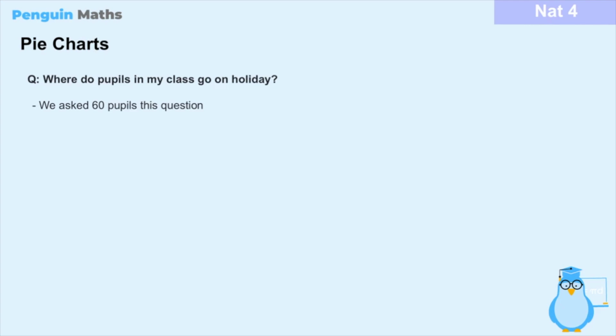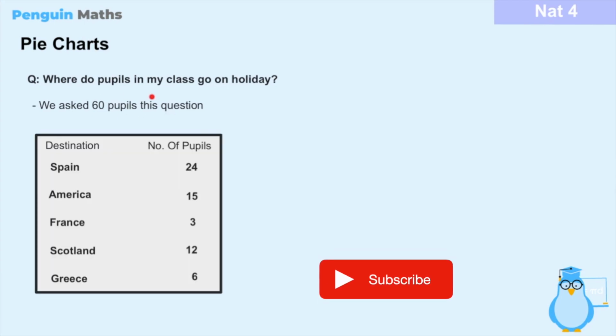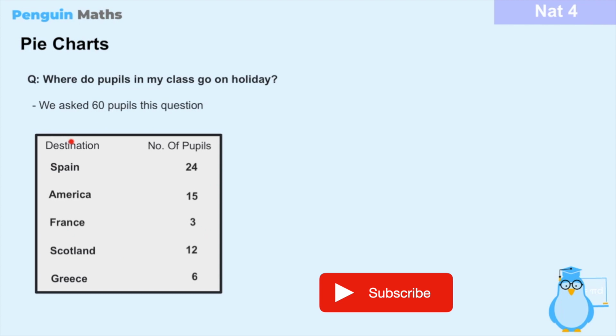Let's say we have a class of 60 pupils, and each one of these pupils answered this question of where they go on holiday. After we asked each of these 60 pupils this question, these are the results that we got. We found out that 24 pupils went on holiday to Spain, 15 pupils went to America, 3 went to France, 12 went to Scotland, and 6 went to Greece.